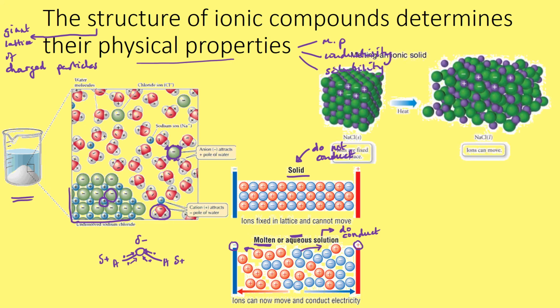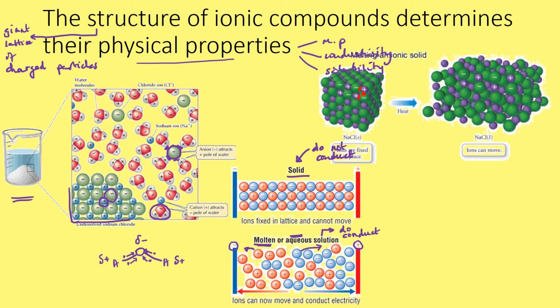And let's lastly have a look at melting. Okay, so these electrostatic attractions, the ones that exist between, let's draw it in red, the ions of opposite charges, they are strong electrostatic attractions. And if they are strong electrostatic attractions, that means the ionic bond is strong. And if the ionic bond is strong, that means it's going to take a lot of heat to break it.